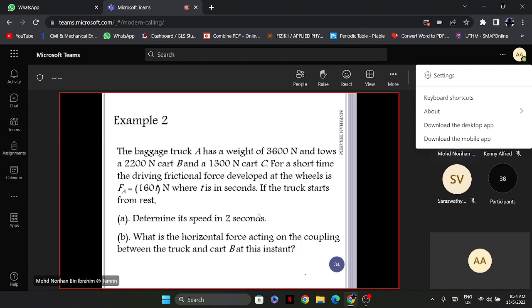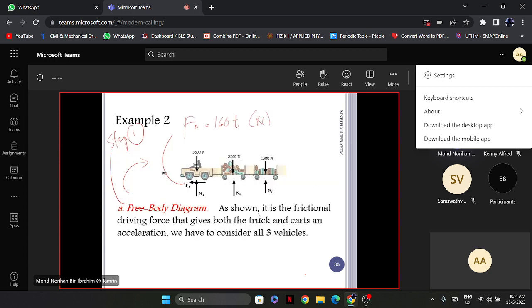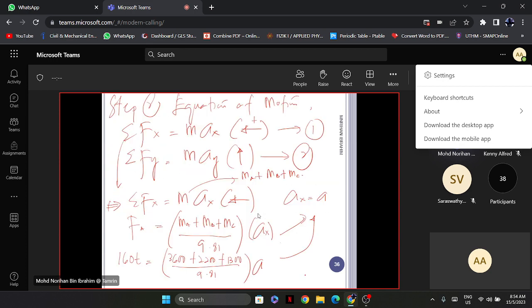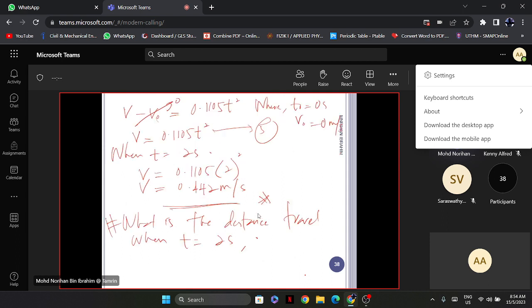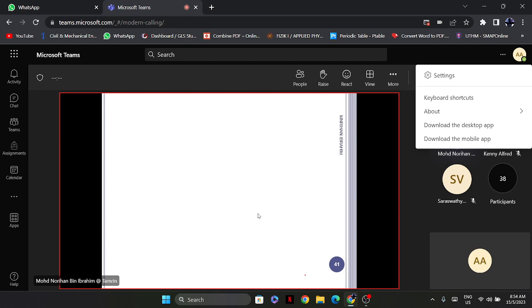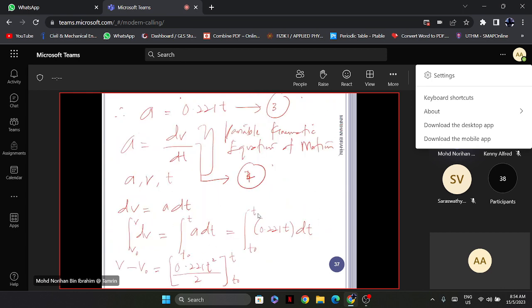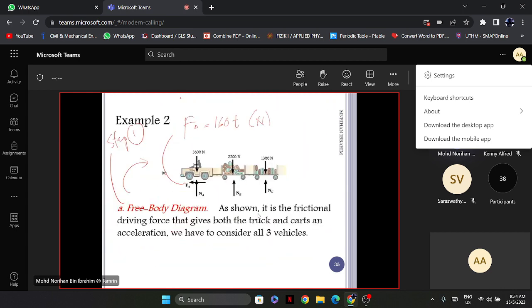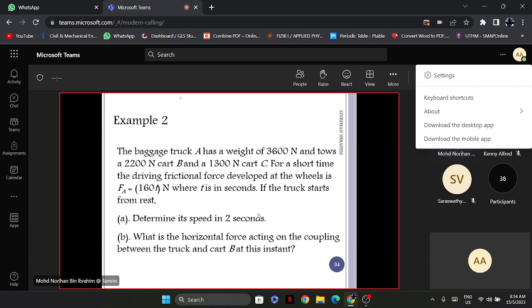This one is considered as question B, and the earlier one is question A.